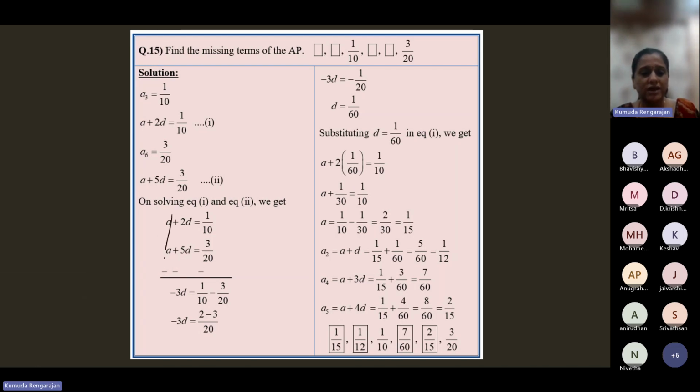So what happens? A and minus A gets cancelled because A minus A is 0. Now 2D minus 5D. Take the new sign. 2D minus 5D. See, you can just change the signs here itself. Minus, minus, minus like this.